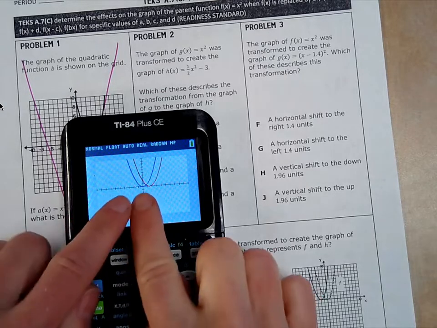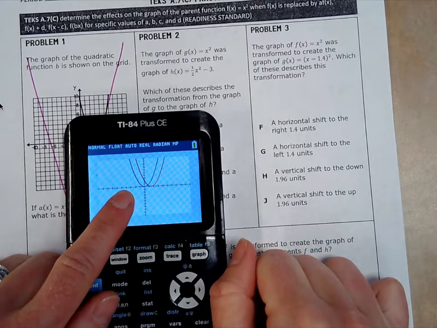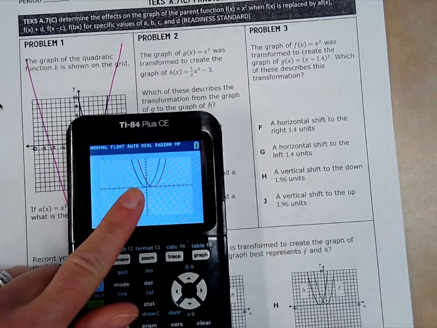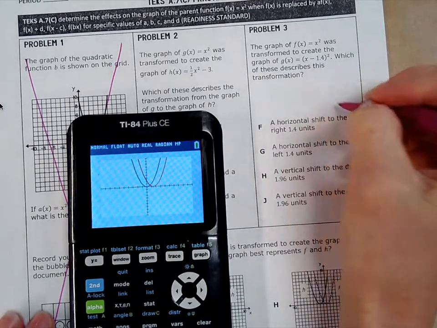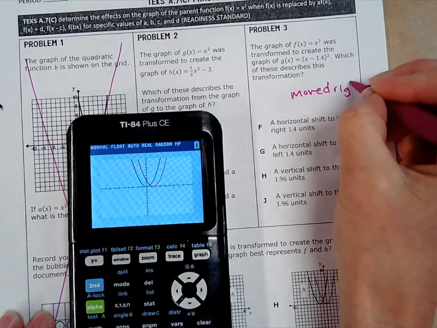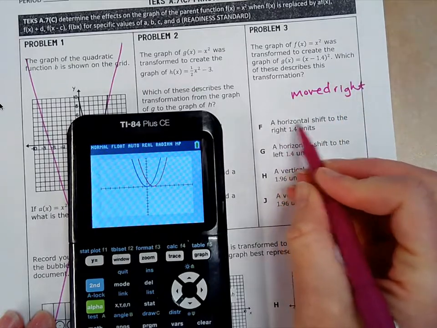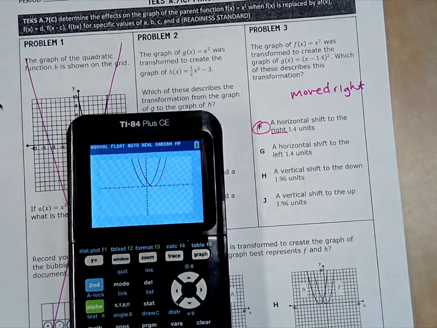Our original is the blue. Which way was it shifted? Right. What kind of shift is that, horizontal or vertical? Horizontal. So it was moved right. That is a horizontal shift to the right. So that works. Is that right? Yeah.